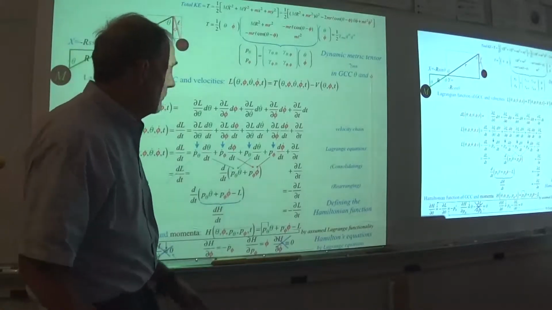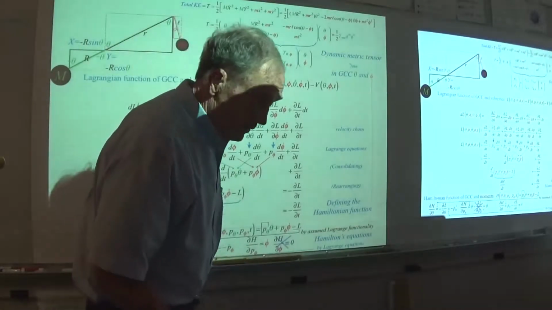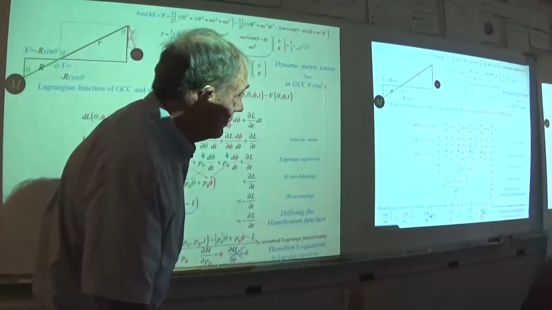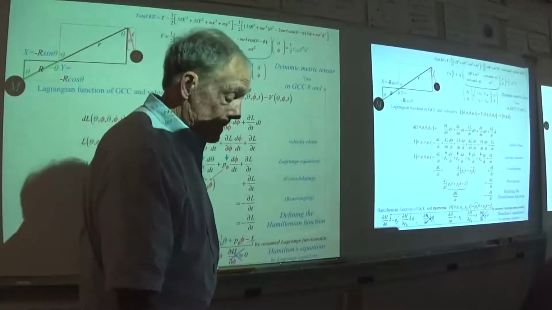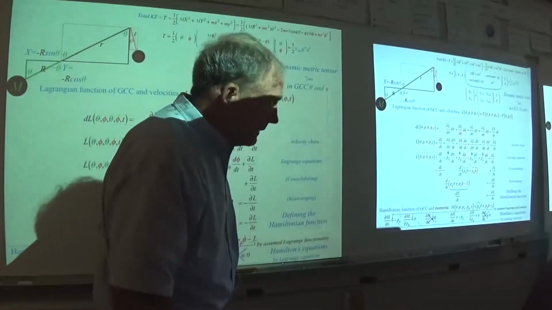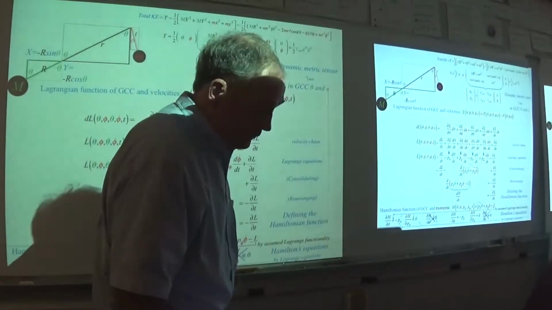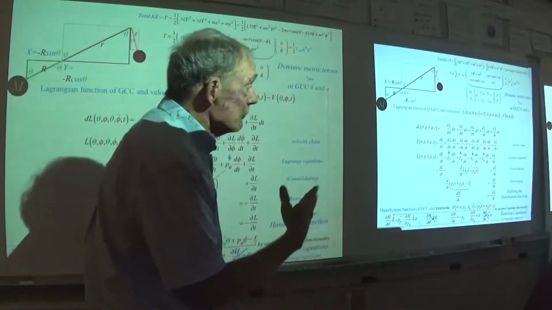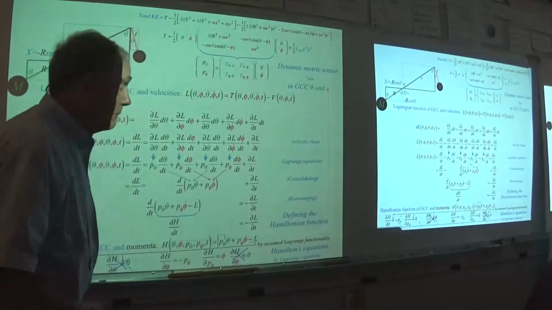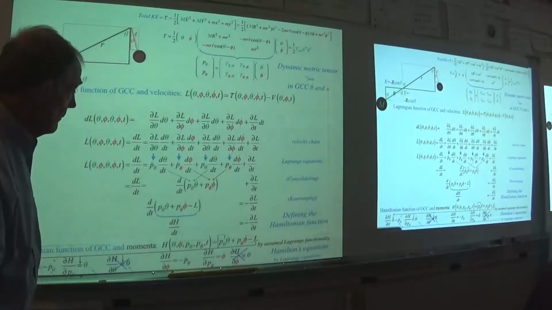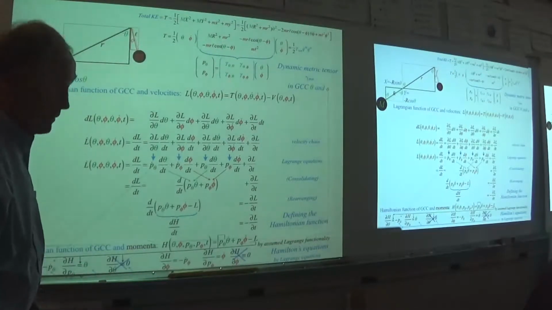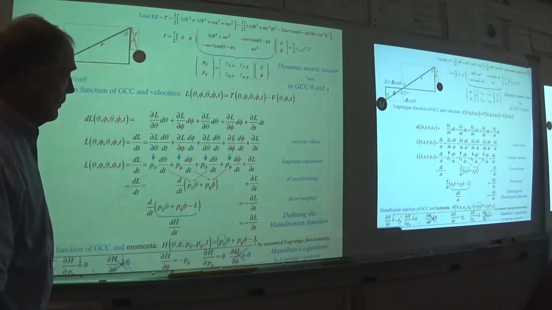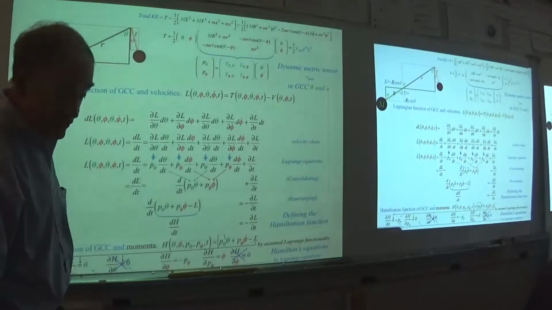So basically, what we say here is, by assumed Lagrangian functionality, we get these Hamilton's equations, and that is going to be the way it is for any mechanical systems. This is the story right here. So this is the last time we look at a simple derivation of the Hamilton equations.